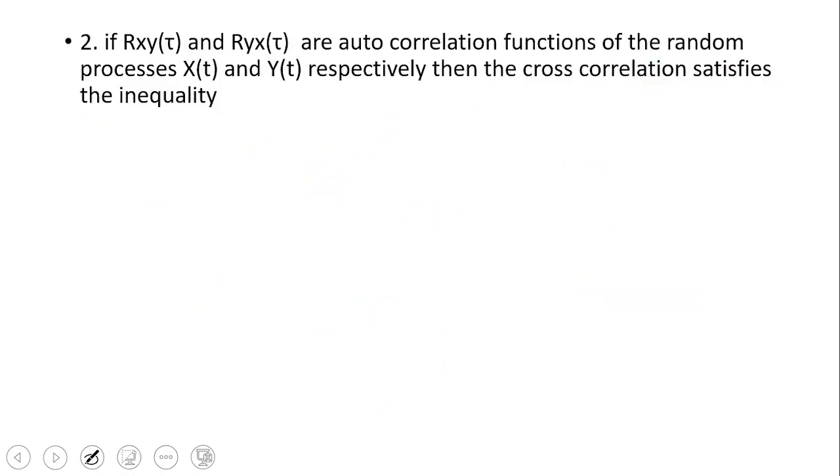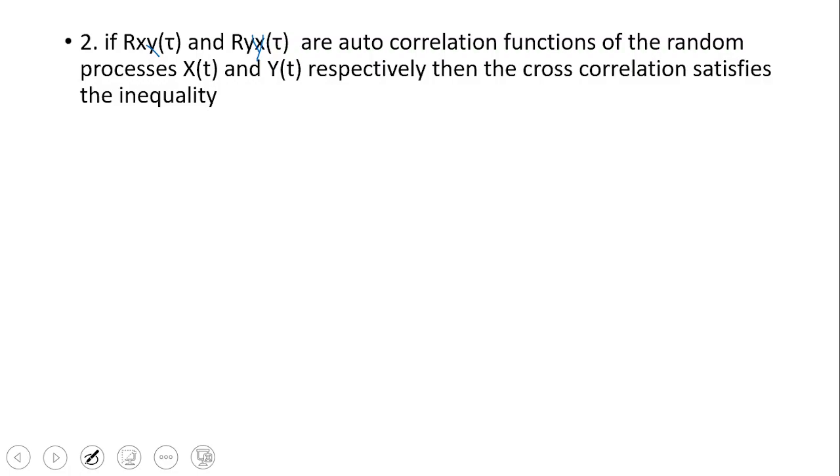Now we'll go for the second property. We are having rxy of tau and ryx of tau. Suppose rxx of tau and ryy of tau are the autocorrelation functions of the random processes x of t and y of t respectively.